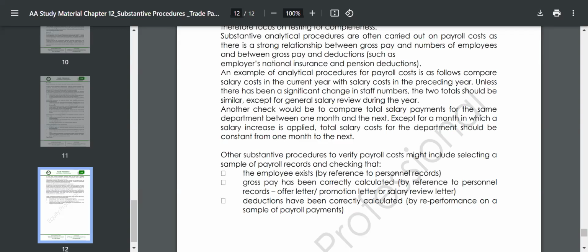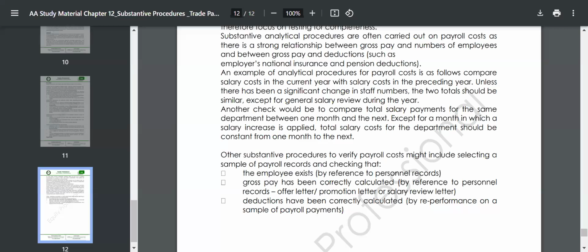Then lastly, determining that there is accuracy, no omission of any list. So all those 4 processes, you can apply to any of the major substantive procedures you are testing, whether it's director remuneration, whether it's liability, and all of that.